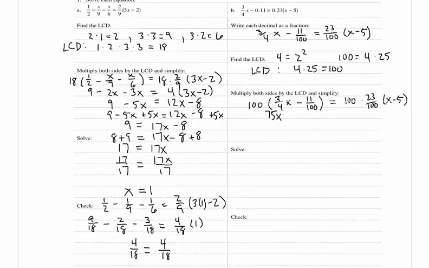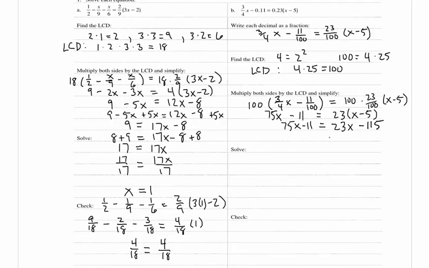And 100 times negative 11 over 100 is equal to negative 11, and this is equal to 100 times 23 over 100 is equal to 23 times x minus 5. And now we'll distribute the 23 on the right, so we have 75x minus 11 is equal to 23x, and we have 23 times negative 5 is equal to negative 115.